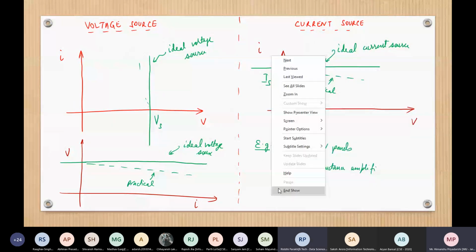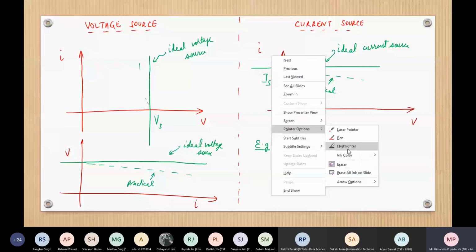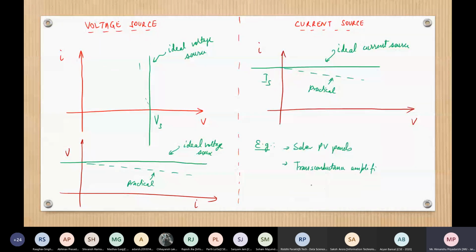But one thing I will tell you, I hope all of you are listening. Because we can convert from one side to the other, the electrical characterization of a source of energy, be it a voltage source or a current source, is based upon modeling. So it depends upon what parameter of interest you want.